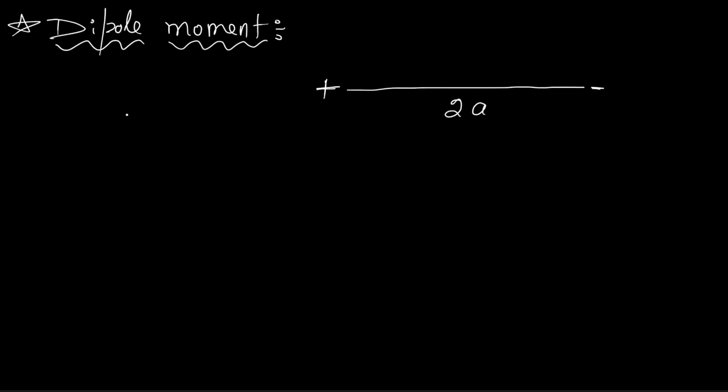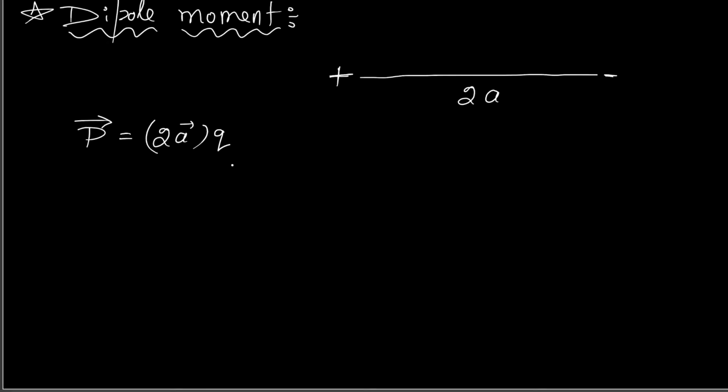The dipole moment, the strength, is represented by p vector, and it is the product of the magnitude of one charge and the distance between them.